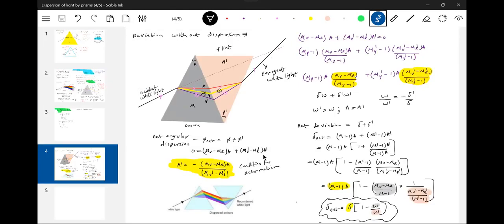Different books give different methods, but the basic formulas are very important. How the deviation without dispersion, how the dispersive powers and deviations are related, there's a formula. Net deviation, there's a formula. Condition for achromatism, there's a formula. Please try to remember these three formulas and underline them.